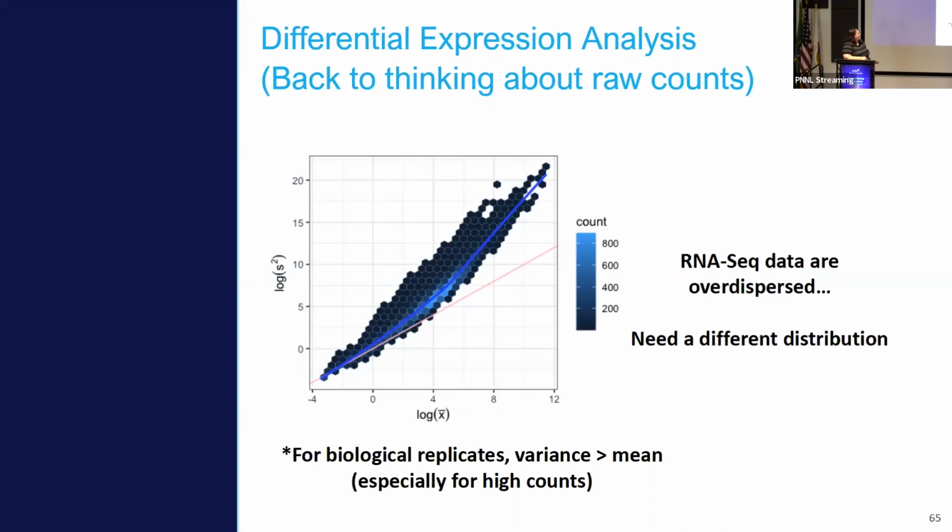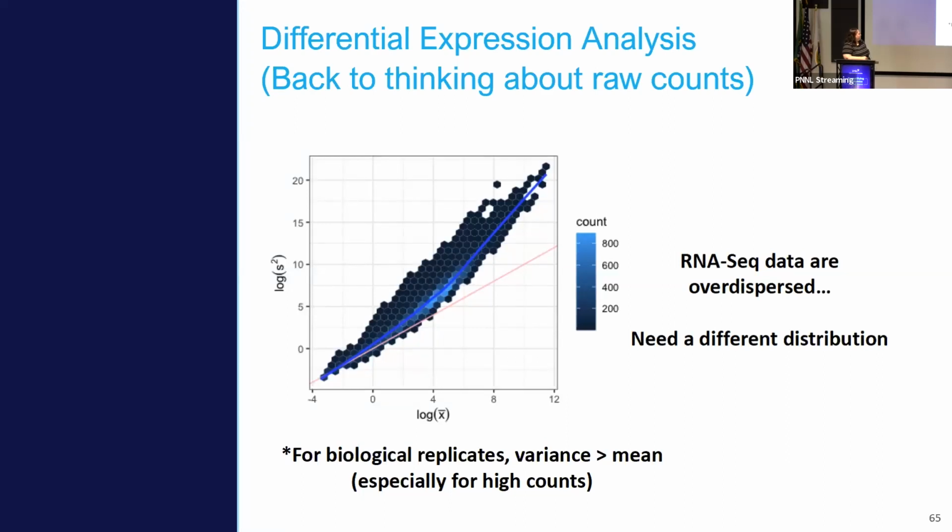When data do not follow this straight x equals y line, you'll hear people use a term called over dispersion, which basically means that your variance is greater than your mean. And so we need to think about a different distribution instead.